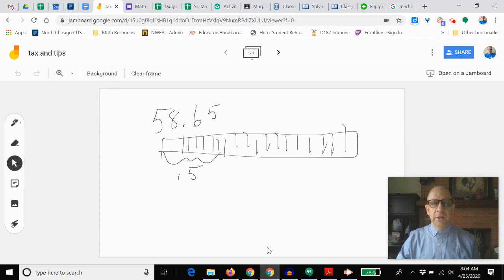So percent is out of 100. Basically, 15% is 15 out of 100, if I take this and break it into 100 pieces.